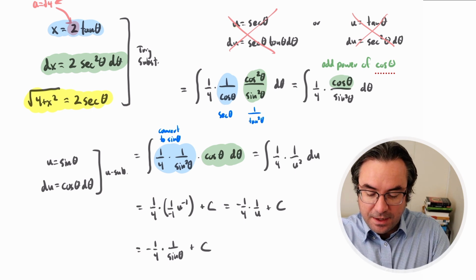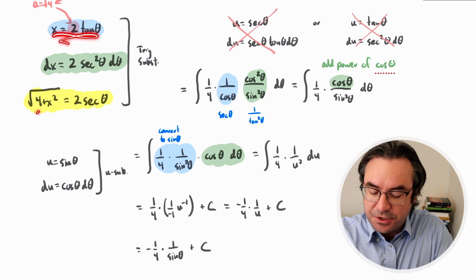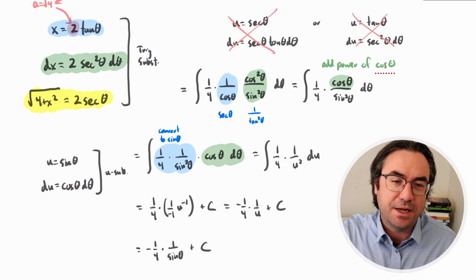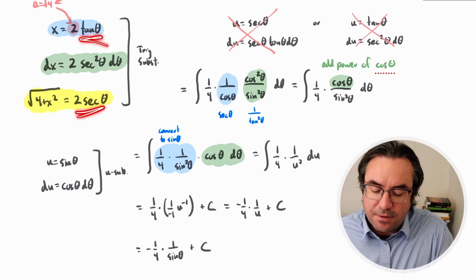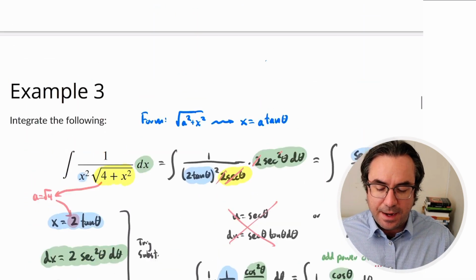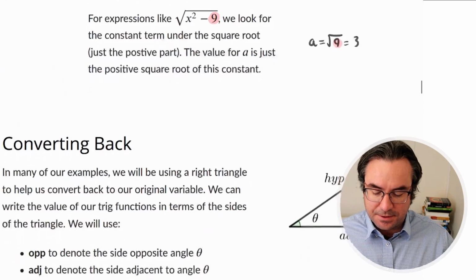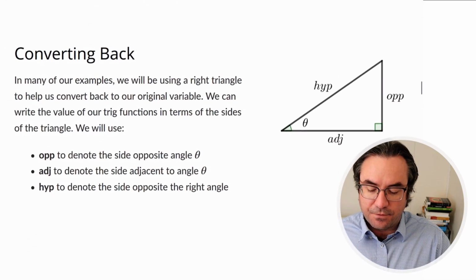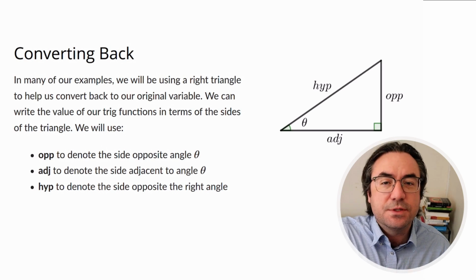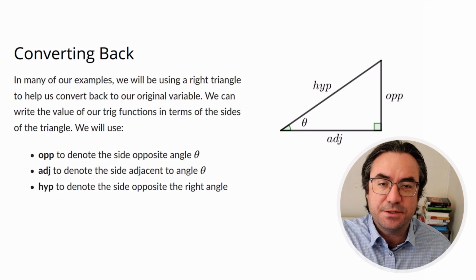If our antiderivative had only secants and tangents in it, then we could just use this info from earlier. But because we have this other trig function in it that wasn't immediately in our substitution, we have to do a little bit of this geometry. So let's go back and see how we're converting back to x. In a lot of the problems that we do, sometimes we have to use this right triangle to help us.